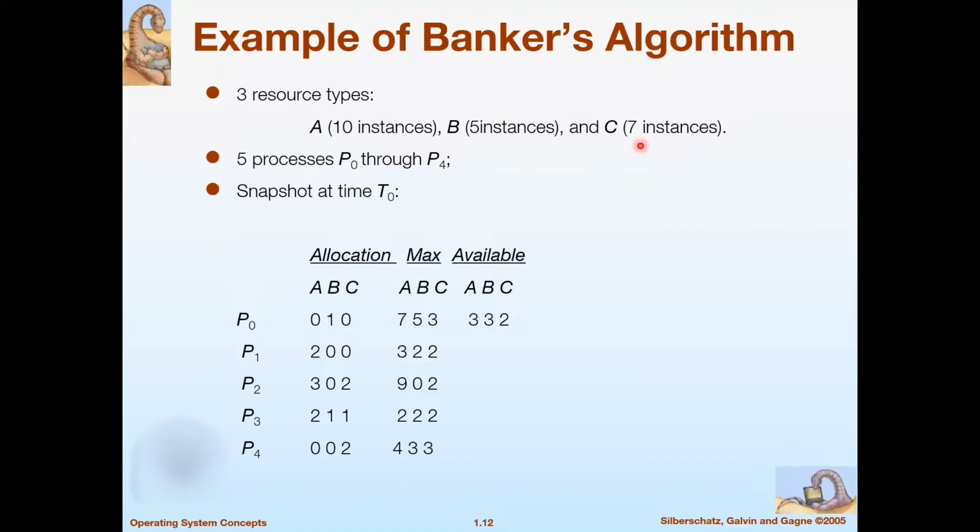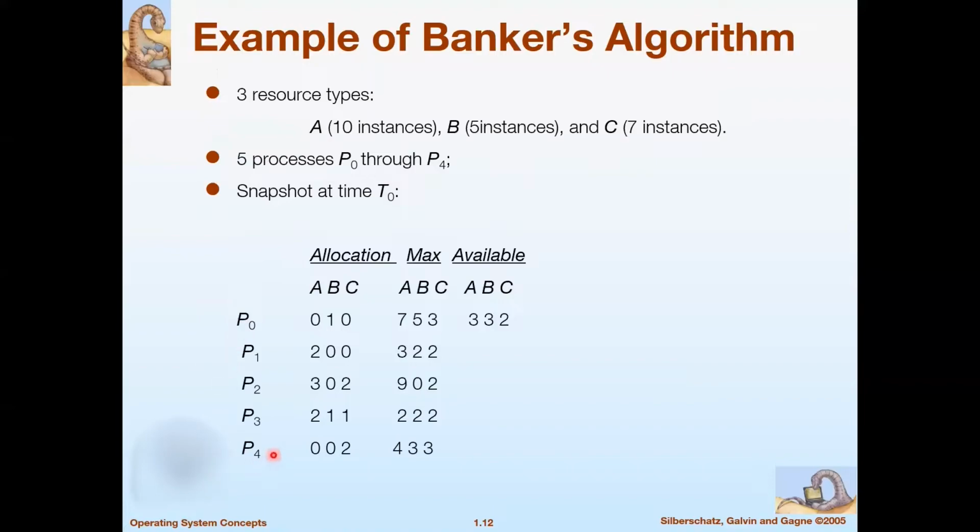So these are the resources that we have in the system. We assume at a particular instance of time there are 5 processes in the system that want to share those resources, and we name them P0, P1, P2, P3 and P4.